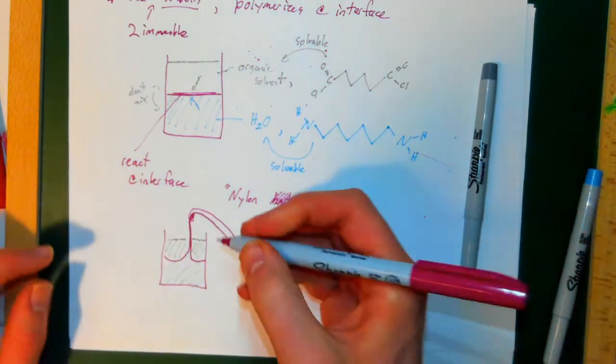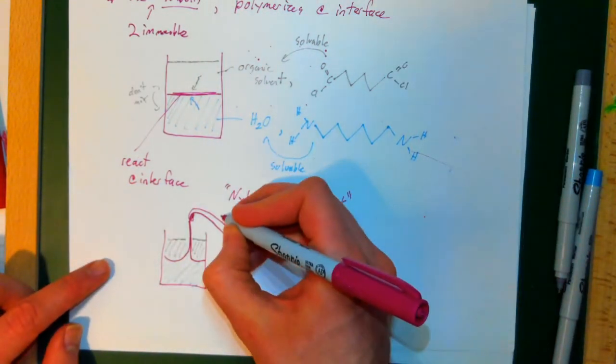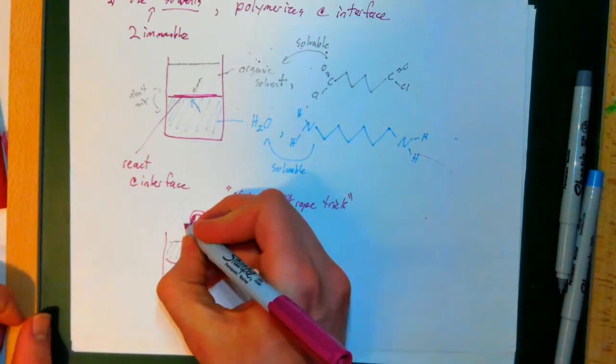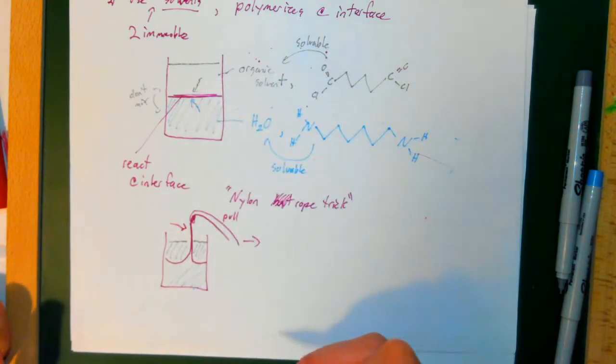So you pull it out, and a nylon rope essentially pulls out of two liquids.